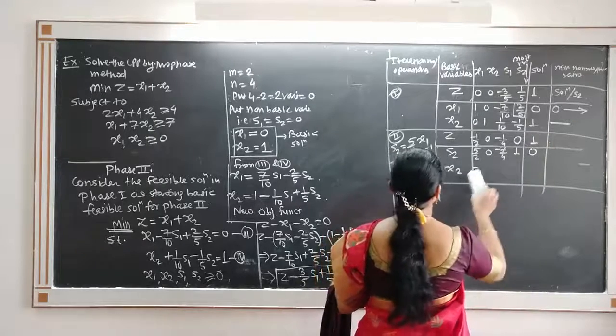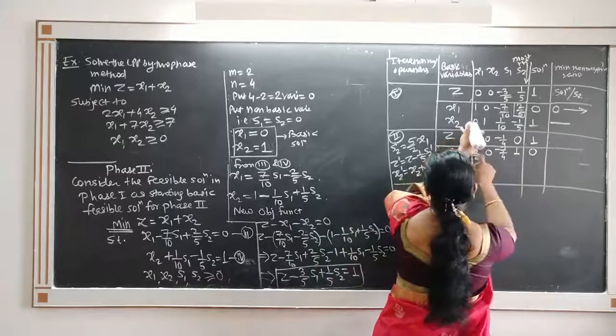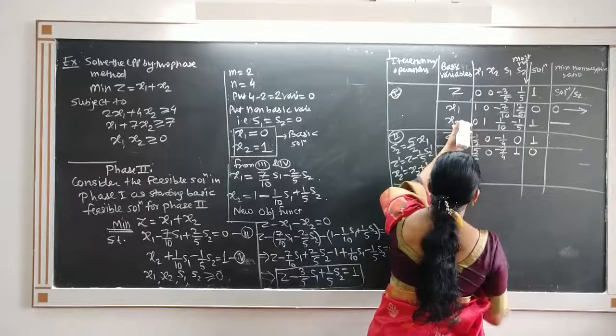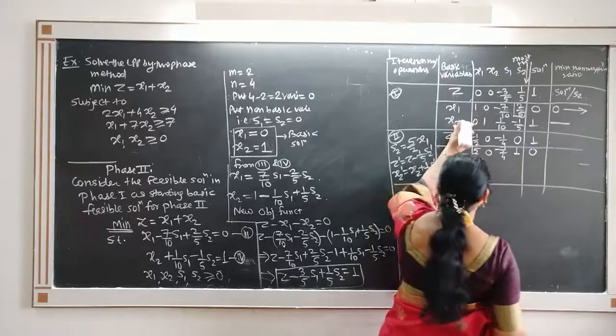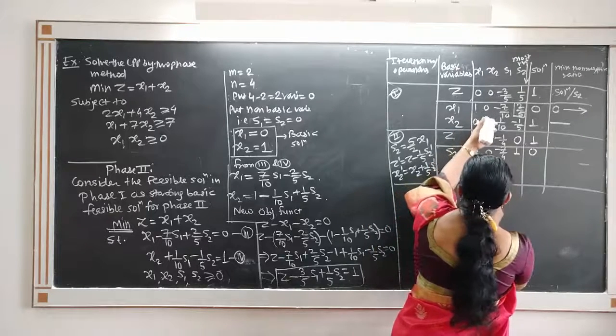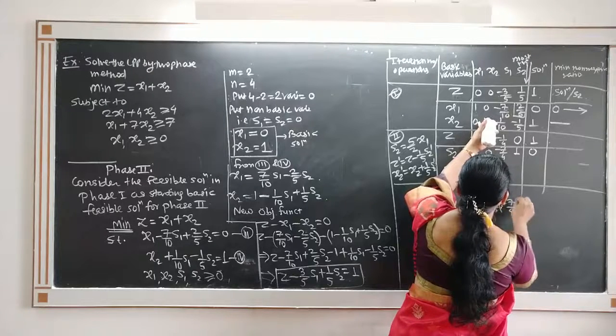Now see x2. x2 dash is equal to x2 plus 1 by 5 times this, which becomes 0 plus 1 by 5 times 5 by 2, that is 1 by 2. This remains 1. 1 by 10 plus 1 by 5 times minus 7 by 4.